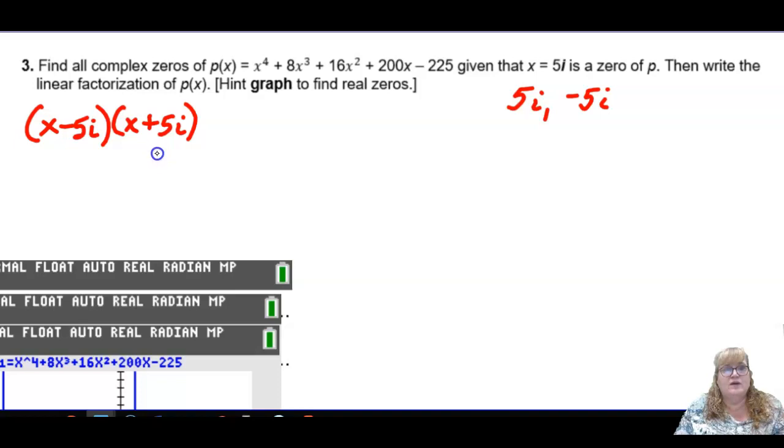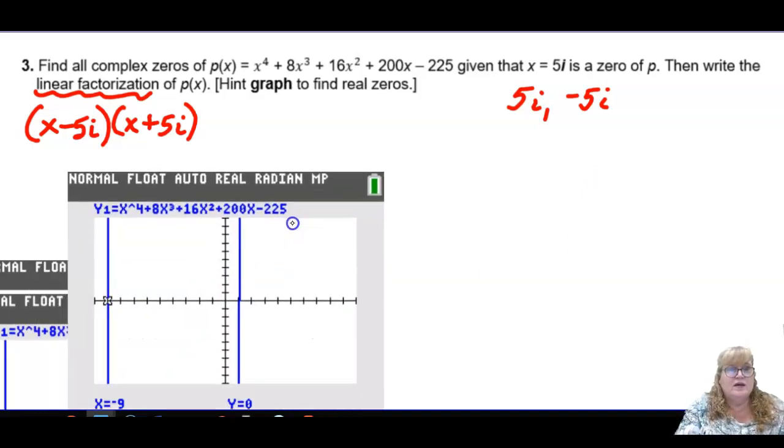Okay. This says linear, so we don't have to FOIL it together. If I did FOIL it together, then I could do long division to find the remaining zeros, like we did on the last one. But this one says just graph to find the rest of the zeros.